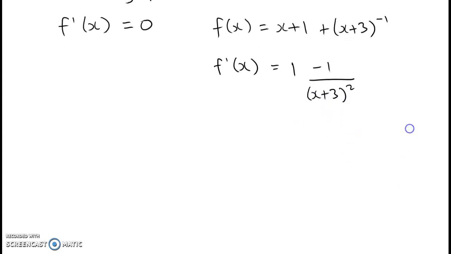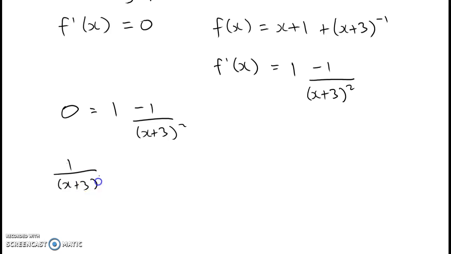Now, stationary points, we want to solve the derivative equal to 0. So let's solve this here equal to 0. What I'll do is bring this component here, the minus 1 over x plus 3 squared, over to the other side, because we'll have 0 equals 1 minus 1 over x plus 3 squared. So 1 over x plus 3 squared equals 1.